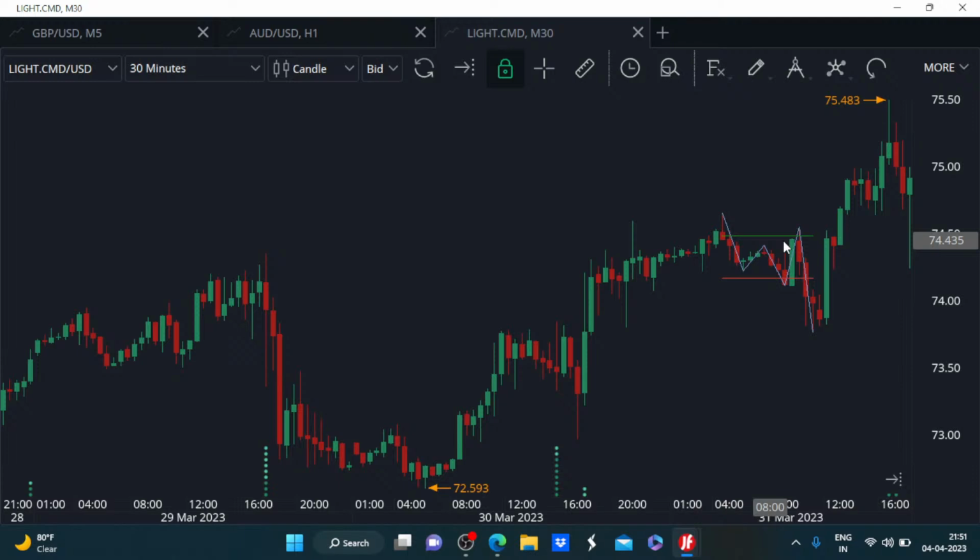And in this case, here we are getting this breakout on the lower side, but this is a case of a false breakout. It wasn't sustained much, and immediately afterwards, the price reversed course again and went on to rise. So this would not have really helped you make much money.